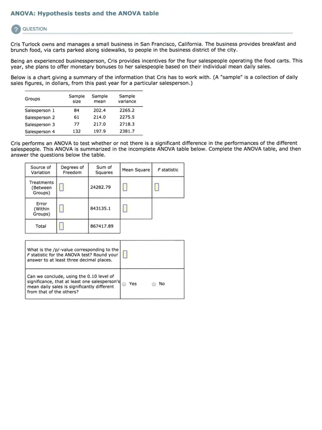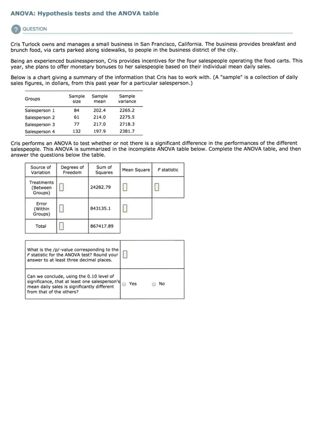Source of variation: there is a treatment, between the groups, error, within the groups, and total. The next column represents degrees of freedom, and they're all blank, so I need to fill in treatments degrees of freedom, error degrees of freedom, and total degrees of freedom. The next column represents sum of squares.